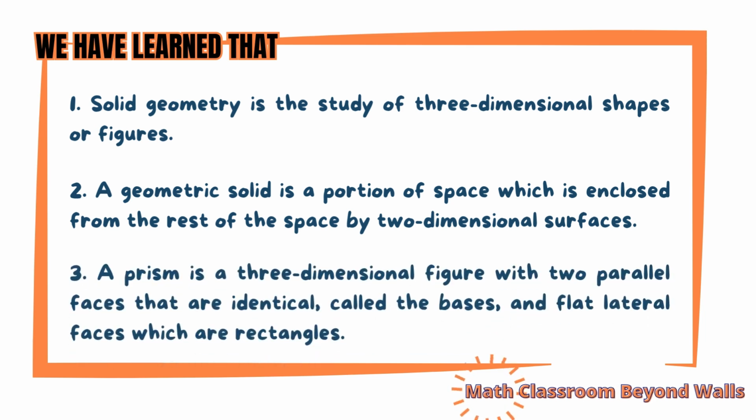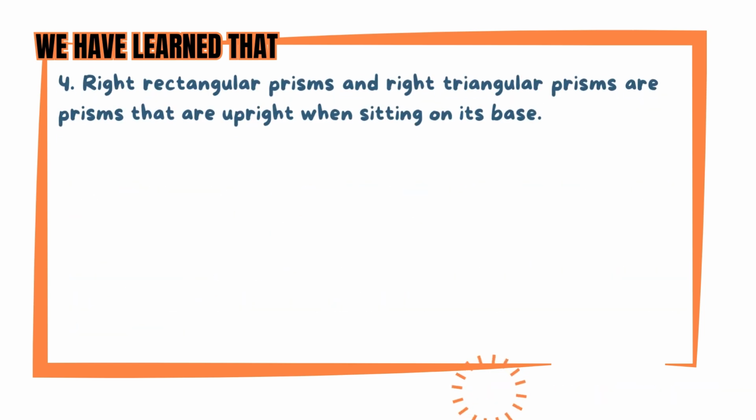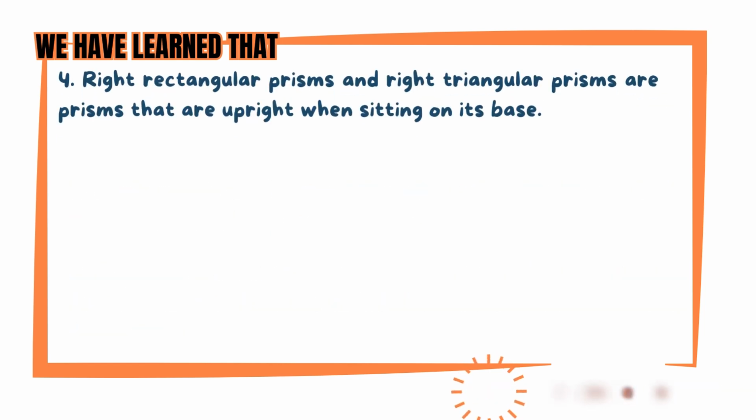Third, a prism is a three-dimensional figure with two parallel faces that are identical, called the bases, and flat lateral faces, which are rectangles. Fourth, right rectangular prisms and right triangular prisms are the prisms that are upright when sitting on its base.